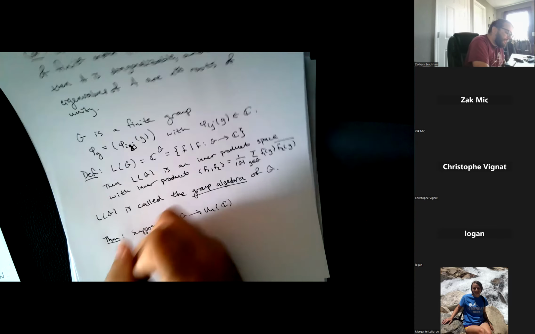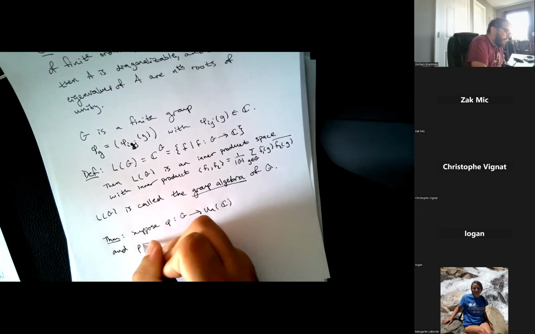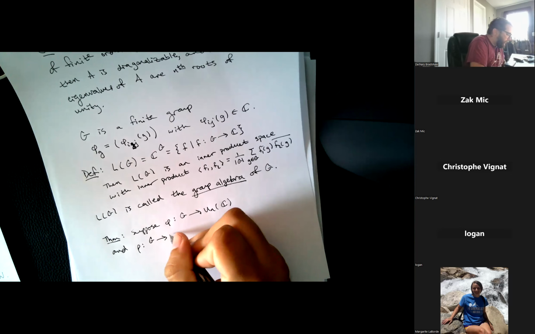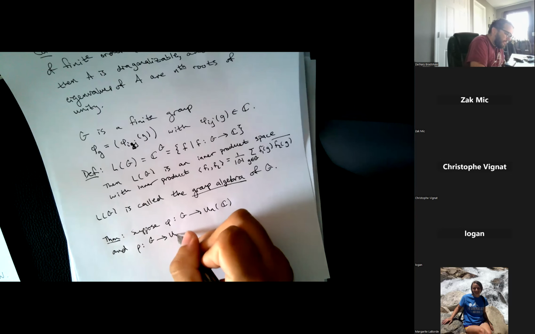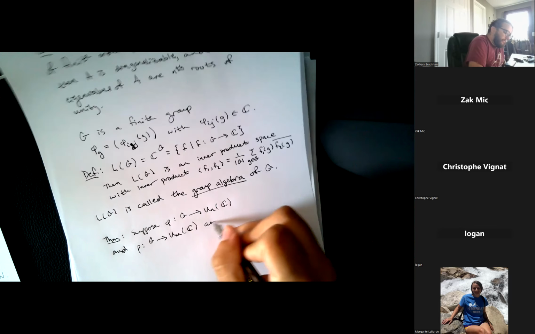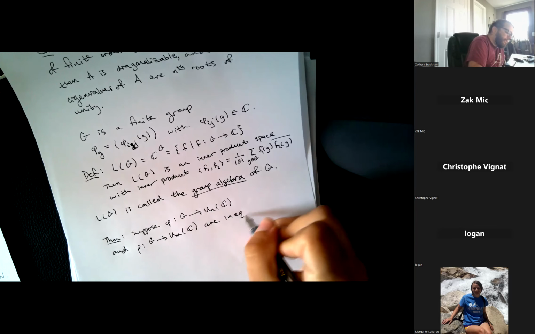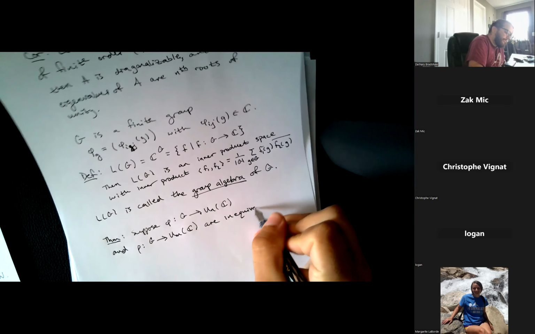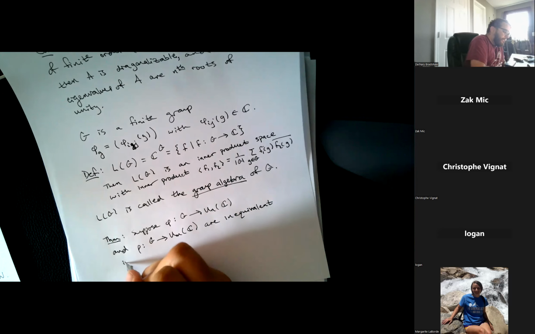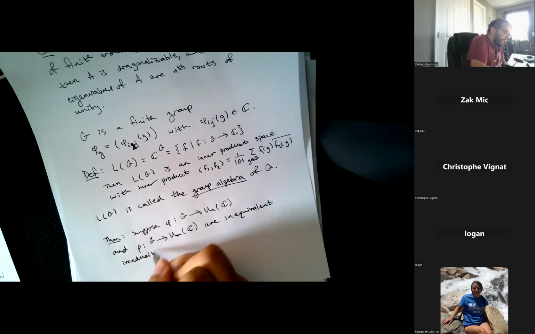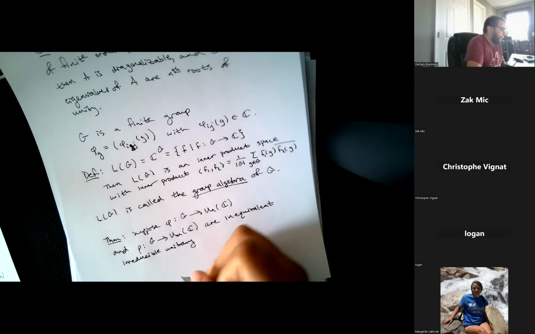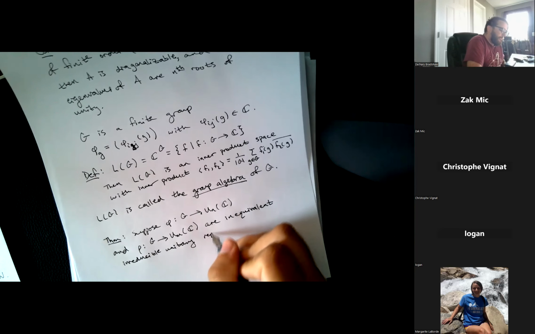And so is rho, but maybe it's of a different degree. And let's assume that these are inequivalent, so there's no equivalence between them, and they're irreducible. And from the notation, you could gather that they're unitary representations.